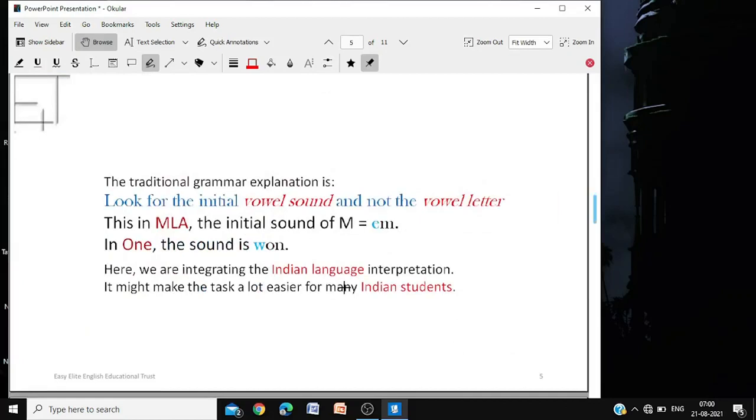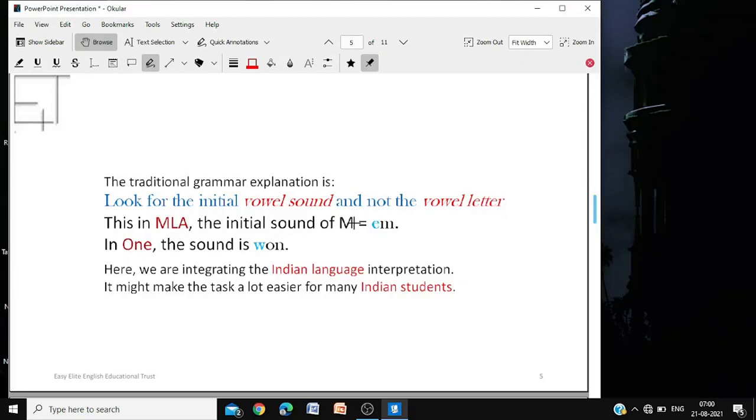The traditional grammar explanation is, look for the initial vowel sound and not the vowel letter to decide where to use an. Use an not according to the vowel's letter but the vowel sound. Thus in MLA, he is an MLA, or he is an MA.